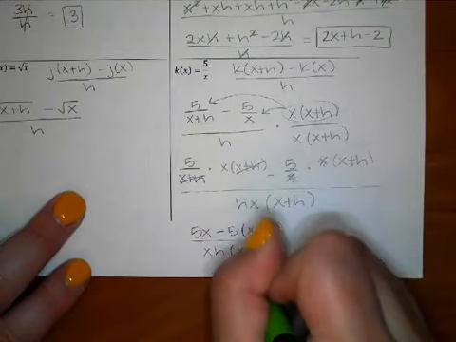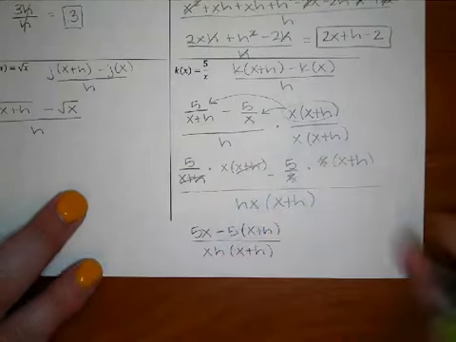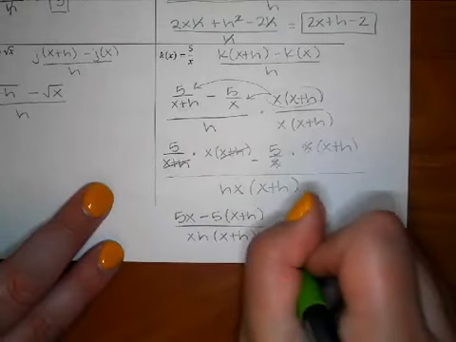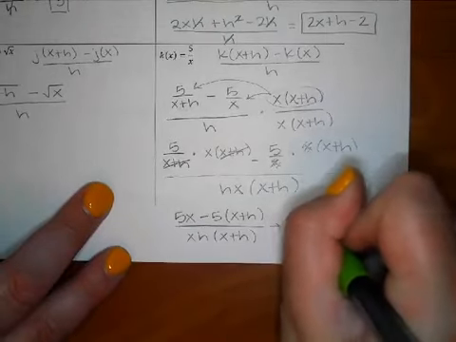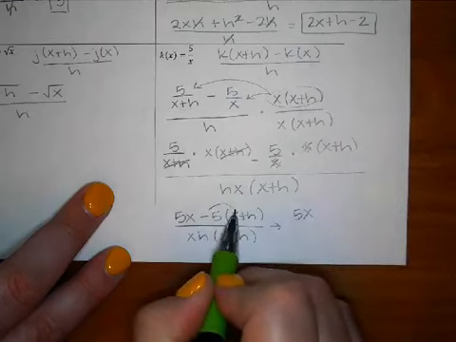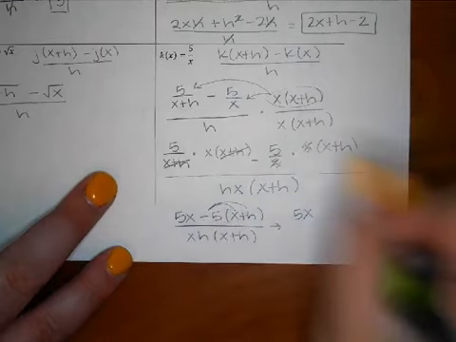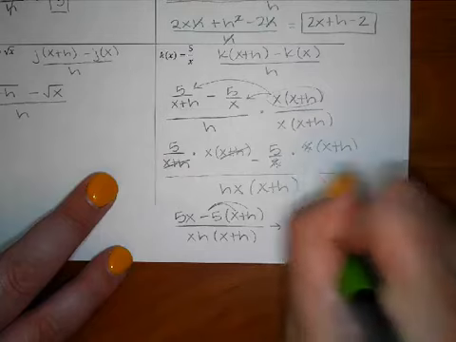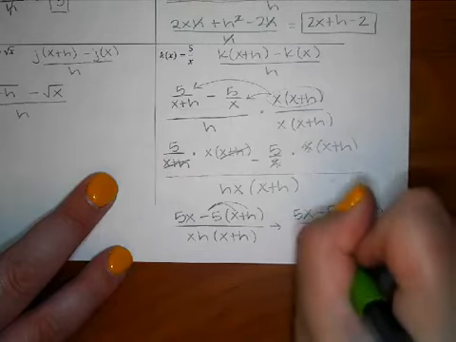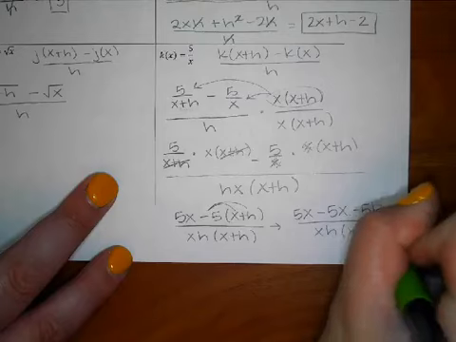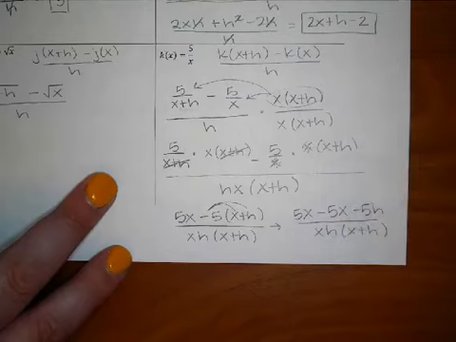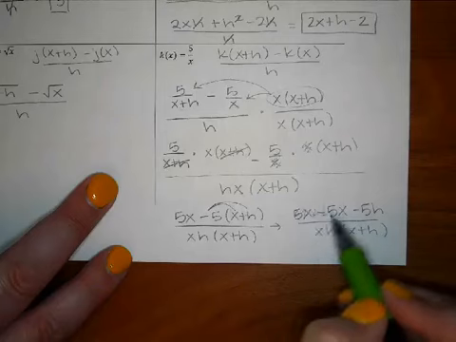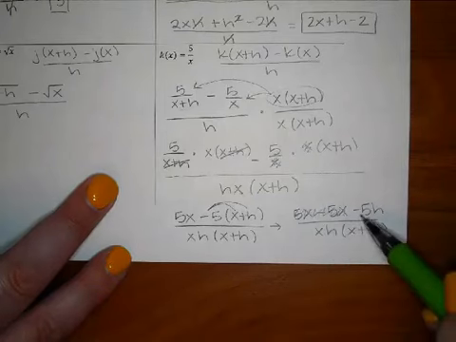Okay. So what I have now is 5x minus 5x minus 5h divided by xh, x plus h. These two cancel, 5x minus 5x, they cancel. And so I have negative 5h over this denominator.